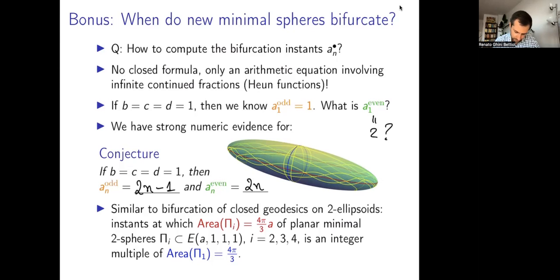Here, you notice the area of this planar minimal sphere from which solutions bifurcate, this red one, becomes exactly an integer multiple of the area of the other sphere to which they converge at these instants. Okay, so somehow level sets of the energy function are crossing each other in a way that seems to be related to bifurcation. But as of now, this conjecture is a conjecture. All right.